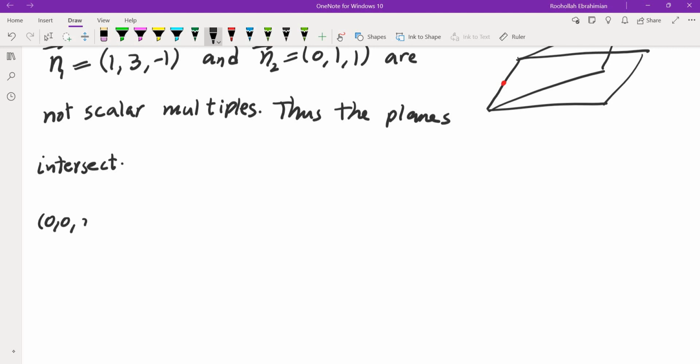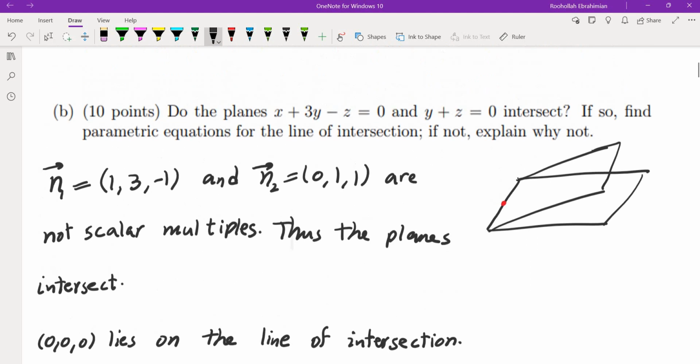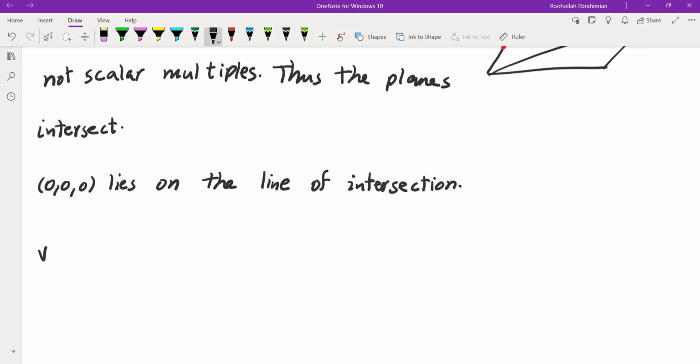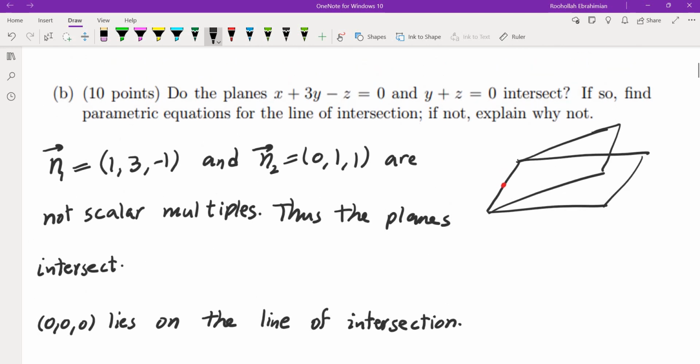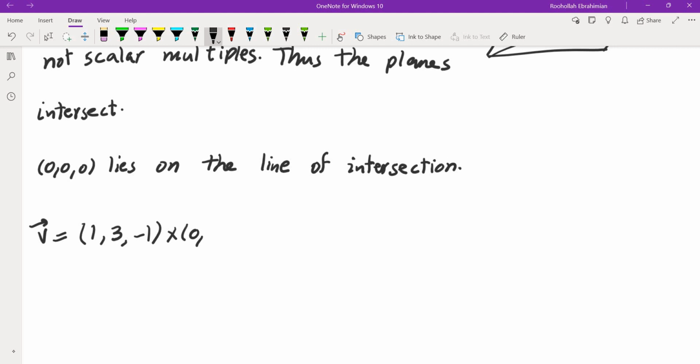So (0, 0, 0) lies on the line of intersection. Now we'll take the direction vector as the cross product of the two normal vectors, (1, 3, -1) and (0, 1, 1).